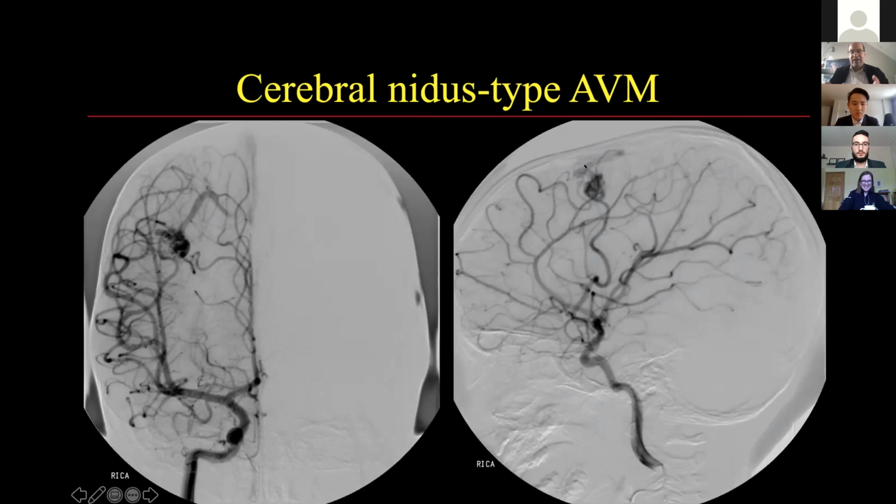So rather than having a direct fistulous component, you have abnormal vessels in between the artery and the vein, the so-called nidus. And here the treatment is a bit more complicated because you cannot just close off this artery here, but you have to take the entire nidus of abnormal blood vessels with you.